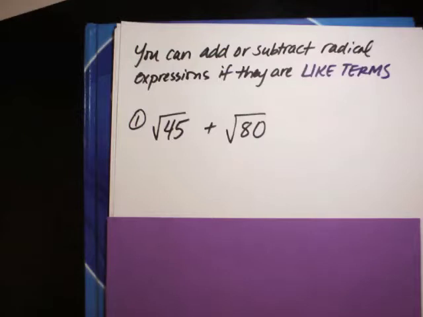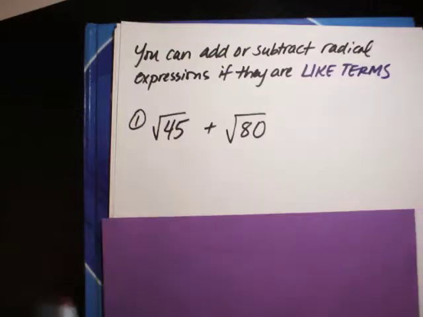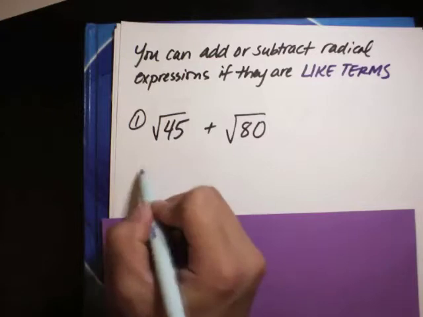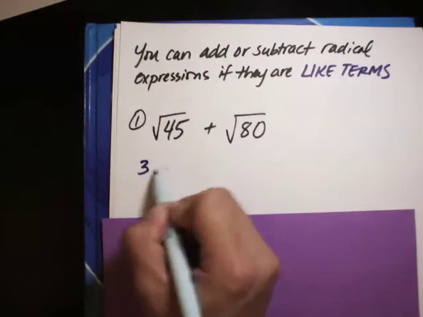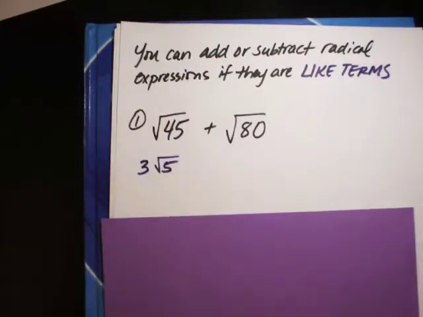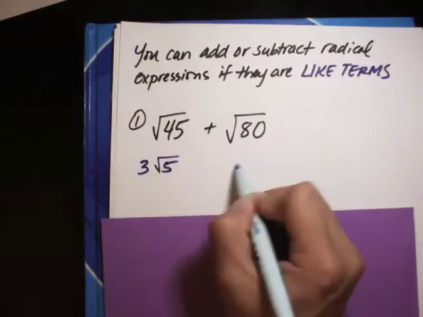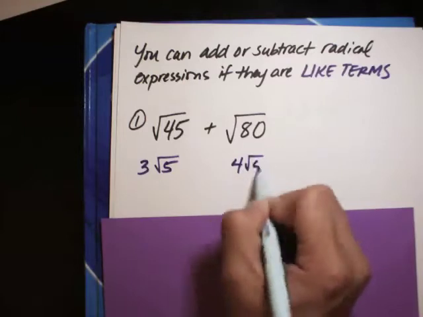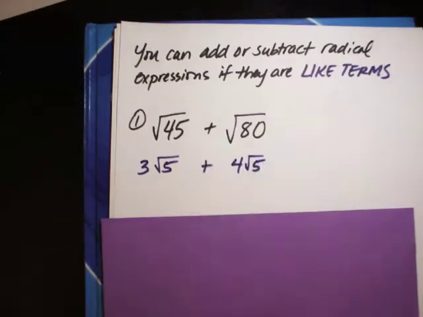So we had simplified radical 45 earlier, and we said that radical 45 is equal to 3 radical 5. We also simplified radical 80 to be 4 radical 5. Since they are like terms, we can combine them together. We can add, we can subtract.